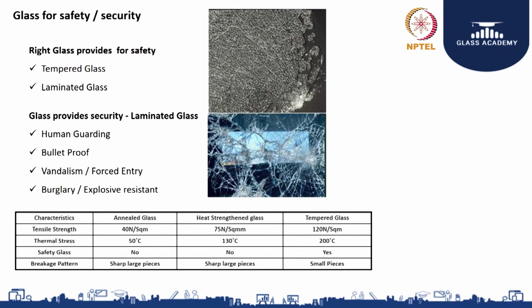Safety means human impact, so ideally it has to be toughened or laminated glass, which can be toughened lamination or heat strengthened lamination. When it comes to security, by default it has to be laminated, but the glass thickness, the combination, how many layers it has to be, and what kind of material it has to be, must be decided based on the kind of security we are looking for and the purpose.